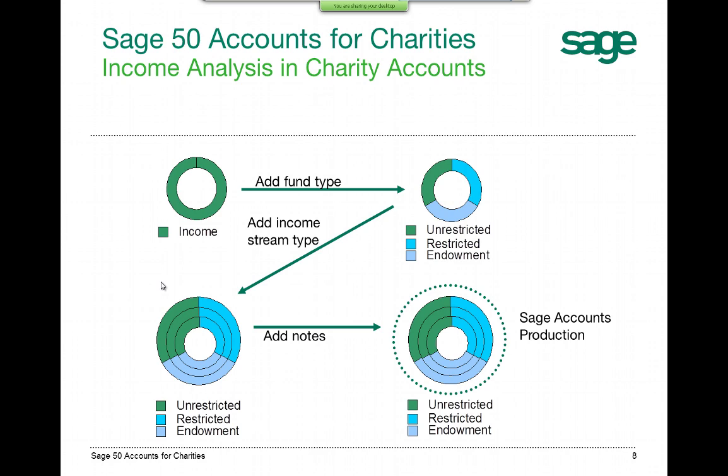They both have charity modules. Sage Accounts Production, the standard variant, the charity module doesn't come as standard, but you can purchase it as an additional module. But with Sage Accounts Production Advanced, you do get the charity functionality in there as standard. So that just allows you to create the final trustees reports in there as well.